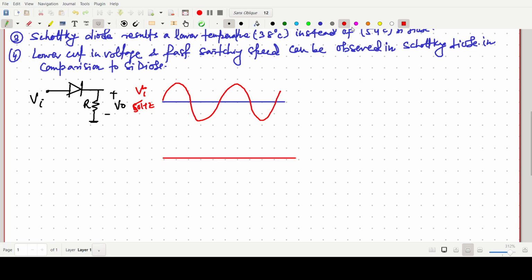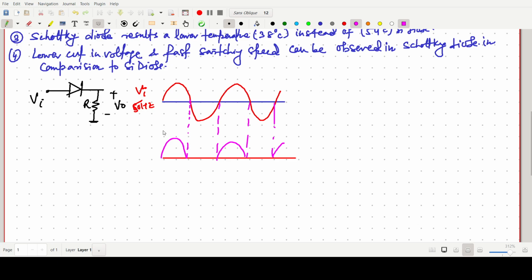So what do we get for the half wave? This kind of response, ideally, for the first positive half.